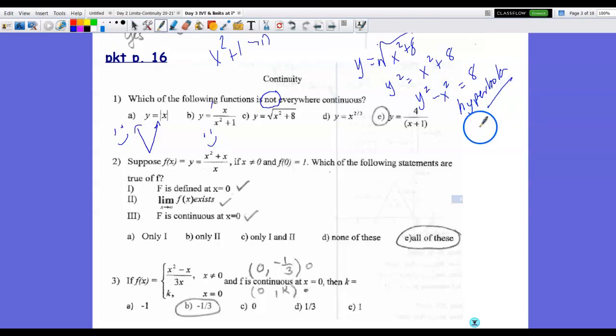And it's only going to be half of the hyperbola, because in the original problem, the principal square root is the positive square root. So it's only one side of the hyperbola, not both. Therefore, it is a function.